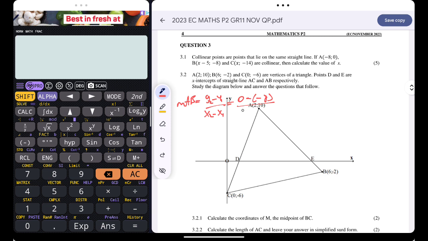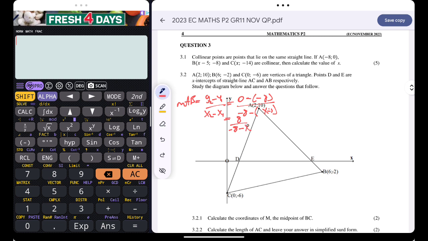This thing is all over the x value at point A, negative 8, minus the x value at point B, negative 5, right? So this will give me a positive 8 all over negative 8, this is all over negative 8.